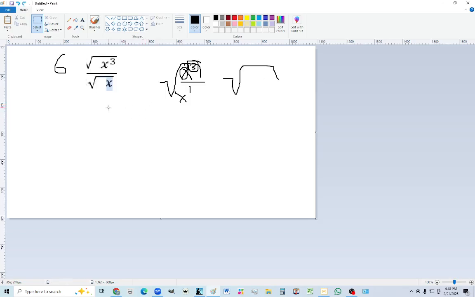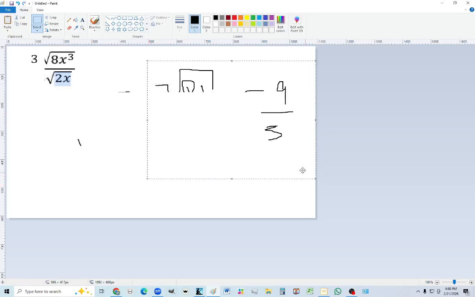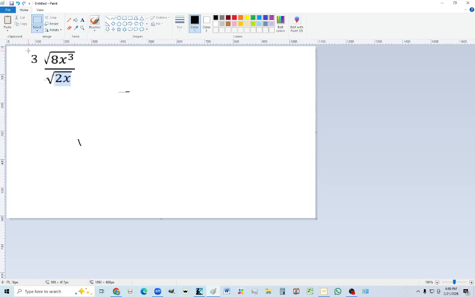But if you don't understand what I did there, I also want you to visually understand this. We didn't have to rationalize the denominator because it all disappeared. Well, if you want to look at it another way, first of all, let's just put this 3 aside and not worry about it.